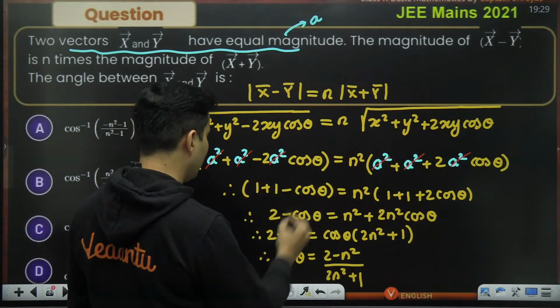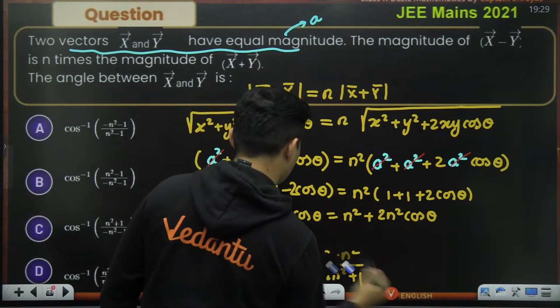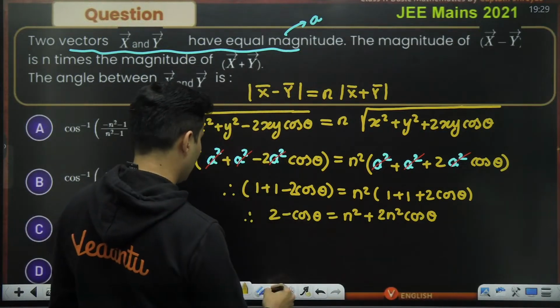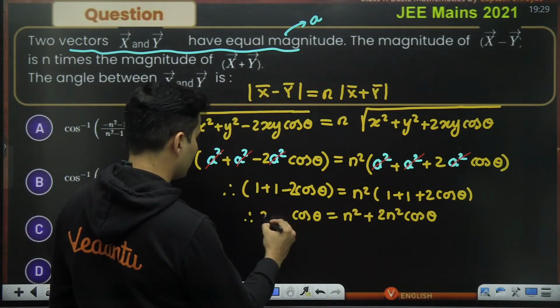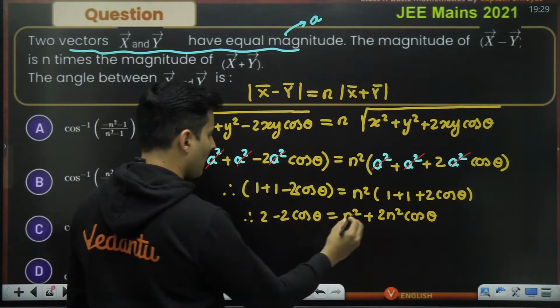We made a blunder. This was also 2. Sorry, guys, that 2 was missing everywhere. That's why the answers are not matching. Sorry, one second. This was 2 minus 2 cos theta. I missed that 2 from here. Okay, my mistake. All right.